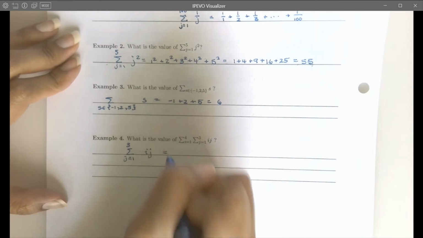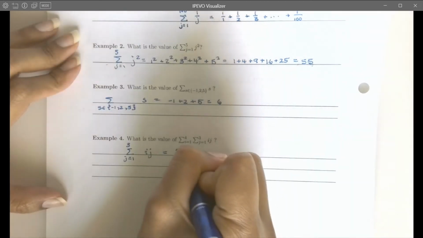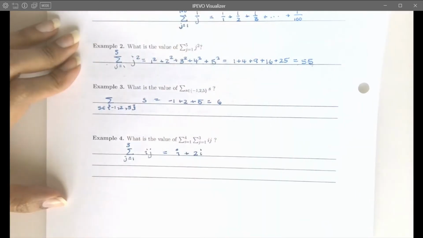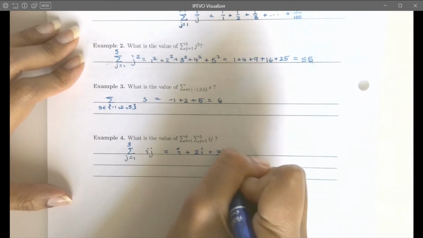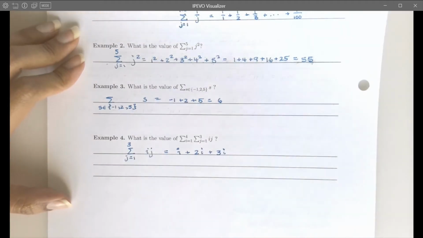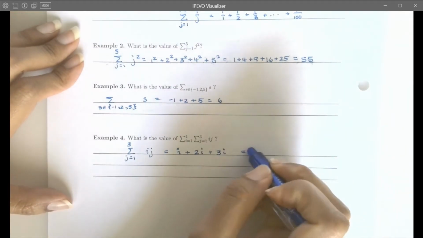When j is equal to 1, we'll have a term of i. When j is equal to 2, we'll have a term of 2i. And when j is equal to 3, we'll have a term of 3i. Altogether, this gives us a sum of 6i.